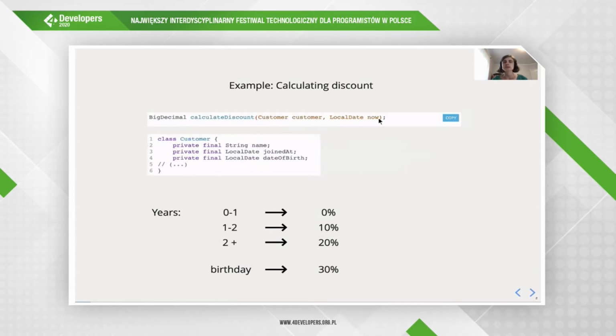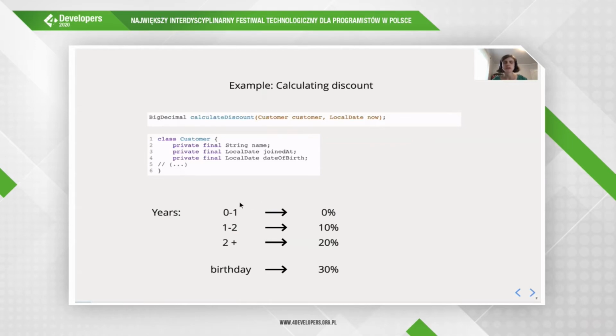Let's start from an example. Let's imagine we have a sample business domain where our business function needs to calculate a discount. It takes an instance of a customer and the date of today, and it returns a big decimal. The discount for the customer is proportional to how many years they are with us.